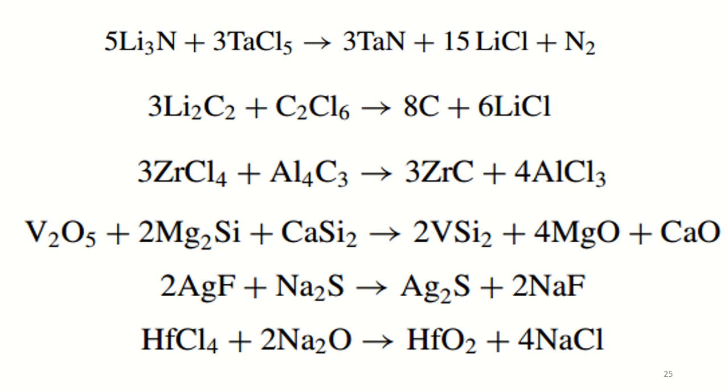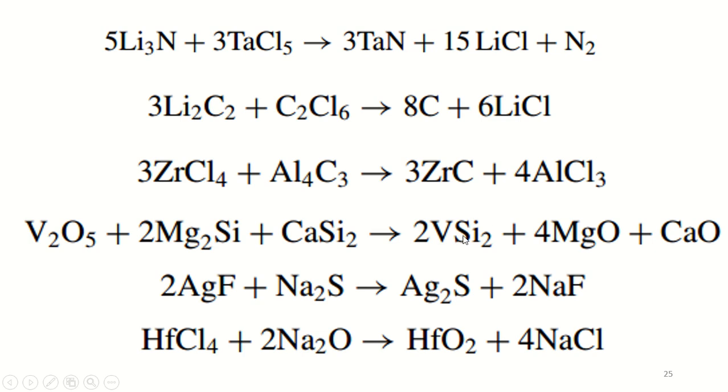A wide range of materials may be prepared by SHS and SSM methods, and various carbon related materials including carbon nanotubes can be prepared by SSM of lithium acetylide. Many carbides, silicates, nitrides, phosphides, sulfides, and also many oxides can be prepared by the SSM method, such as ZrCl4 reacted with Al4C3 to produce zirconium carbide.